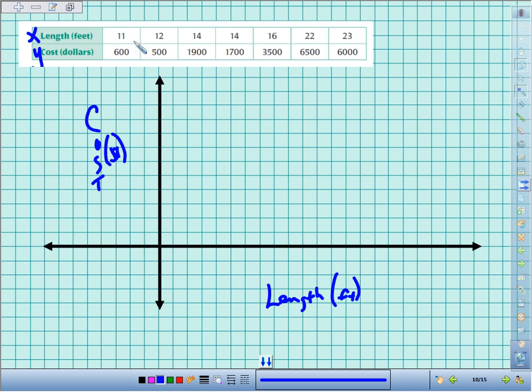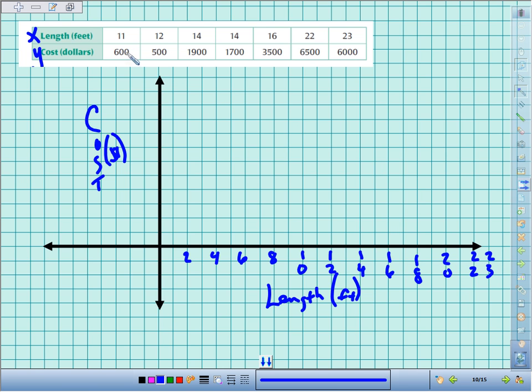Okay, the lengths of the boats go from 11 to 23 feet. I might be able to squeeze it in by ones. Let's try it out. We've got 2 feet. There's 3, 4, 5. There's 6, 7, 8, 9. There's 10. There'd be 12-foot boat, 14, 16, 18. Oh, we can just squeeze it in. That'd be 22, and that'd be 23 right there.